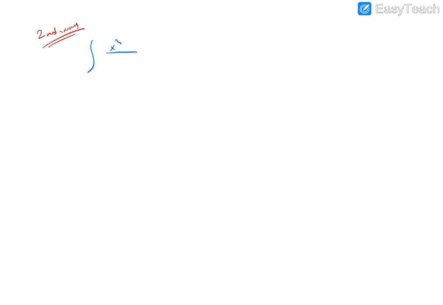Our integral is this one, x square over 16 x square minus 25 square dx. Okay, so let 4x be u. So if 4x is u, clearly 16x square will be u square.